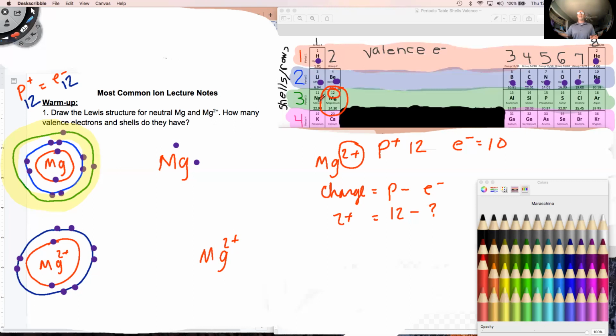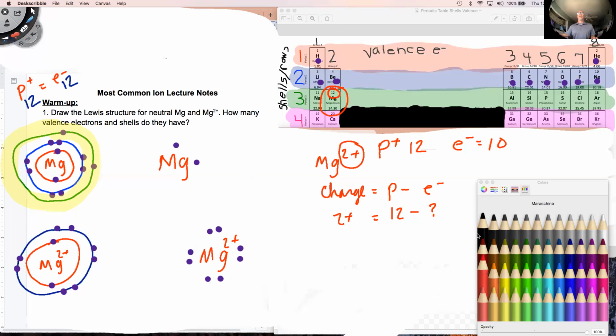So those 2 electrons were lost, thus making a solid shell on the inside, which is going to give us 8 electrons on the outside in the valence. 1, 2, 3, 4, 5, 6, 7, 8. All right, so this would be our Lewis structure.